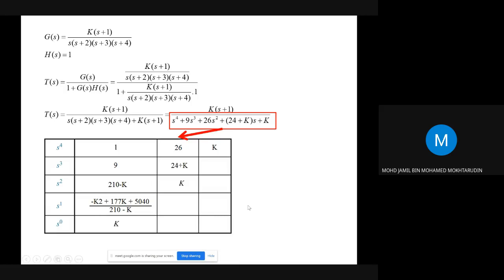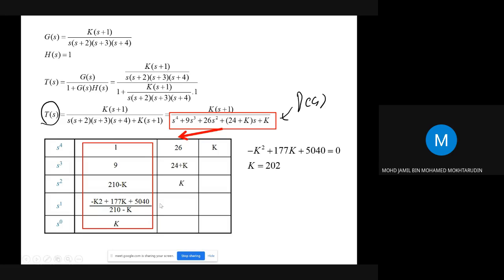Okay, this is how to find the jw axis crossing. To find the jw axis crossing, you need to find the closed loop transfer function first, and then use the denominator and substitute in the Routh-Hurwitz table. And then use the row s^1 as 0 to get K. Rasanya ada something salah kira kat sini.